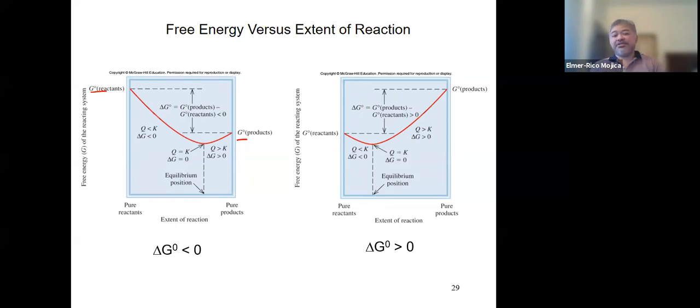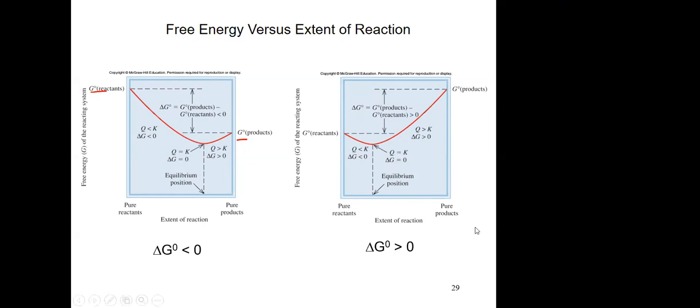What's the statement that we have? A spontaneous reaction in one direction will be what in the opposite direction? Non-spontaneous. If the forward reaction is spontaneous, the backward reaction is non-spontaneous.